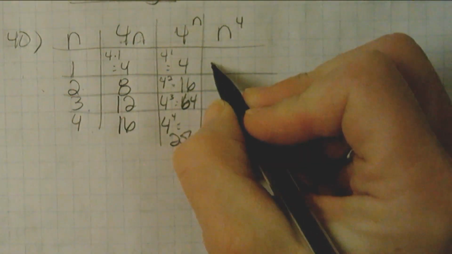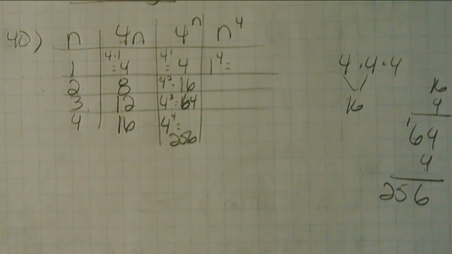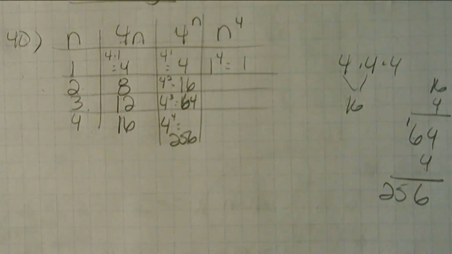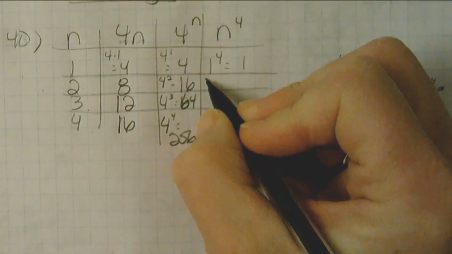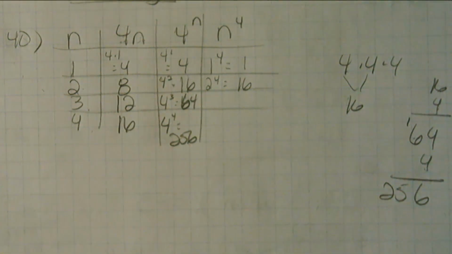So that first one should be 1 to the fourth power. What is 1 to the fourth power? Kira? 1. What's the next one? When I substitute that n in. Layla? Excellent. Someone do the next one for me.